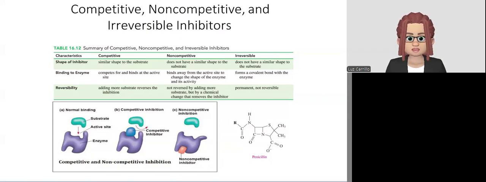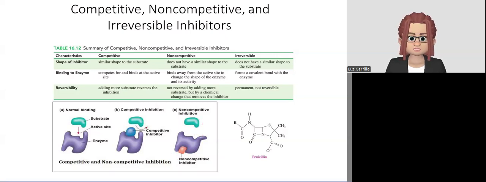In the case of non-competitive inhibitors, the shape of the inhibitor is not similar to the structure of the substrate, and it binds away from the active site, but it affects its shape. And that's why the regular substrate for the enzyme cannot bind. Now, non-competitive inhibitors are not reversed by adding more substrate.